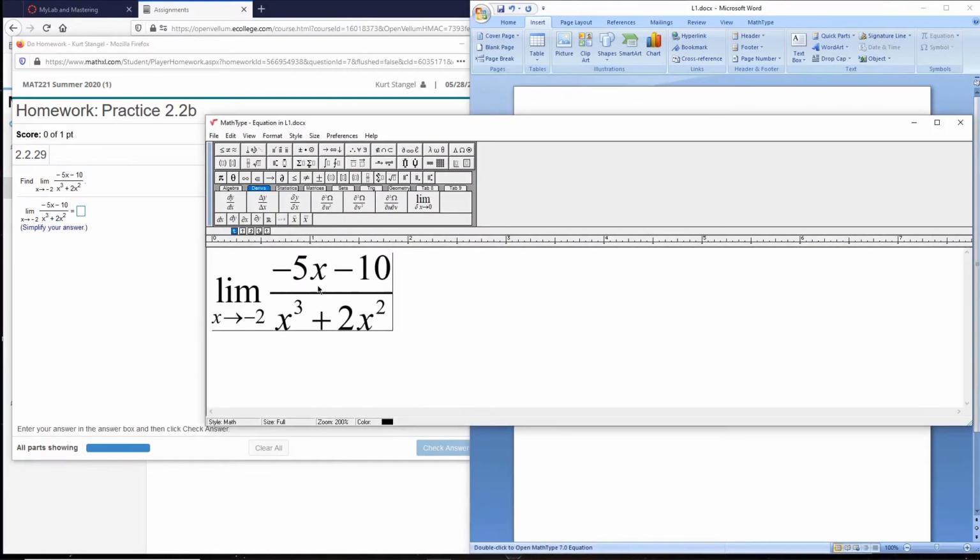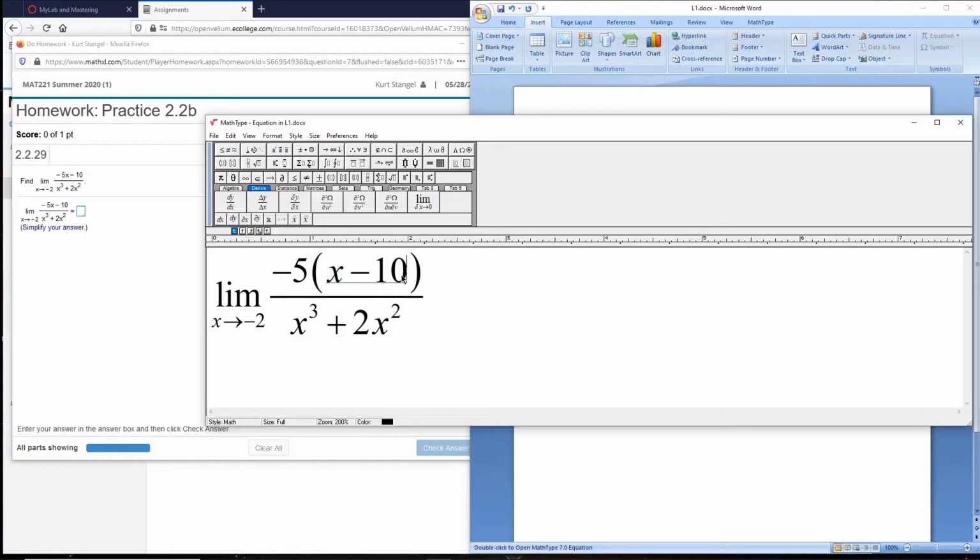And we have to do something to get out of that. And it looks like we can do a lot of factoring here. So for instance, this minus 5 and a minus 10, we can factor a minus 5 out of that. Minus 5x minus 10.